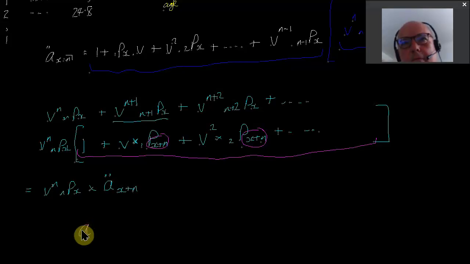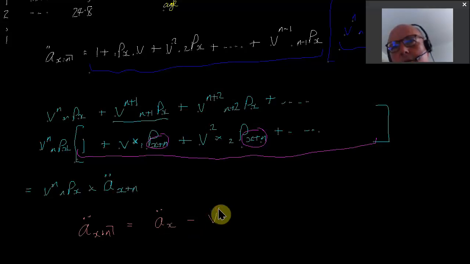We get the annuity to life age x for n years, a double dot x colon n, is equal to the whole of life annuity to life age x minus v to the n times npx times a double dot x plus n.